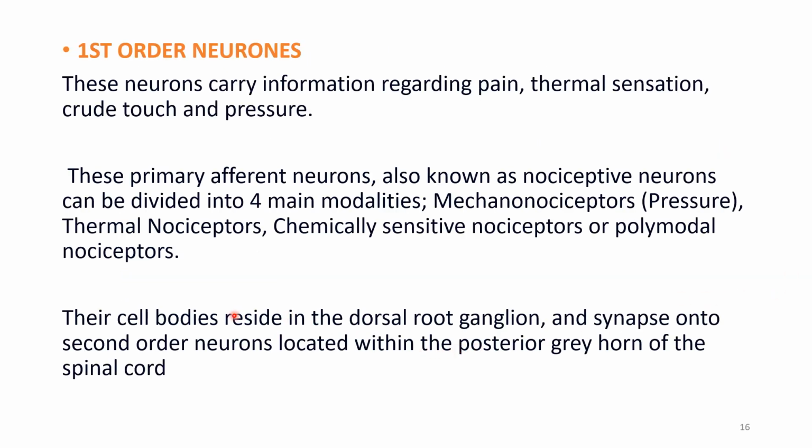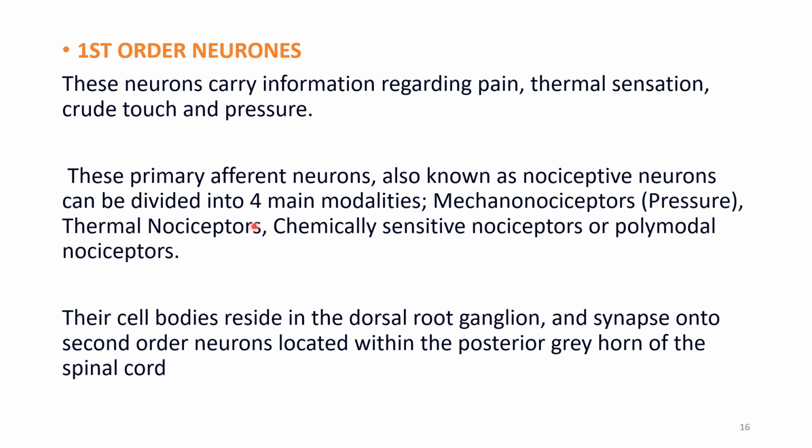So here the first order neurons will carry the information regarding pain, thermal sensation, crude touch and pressure. And these primary afferent neurons are called the nociceptive neurons.